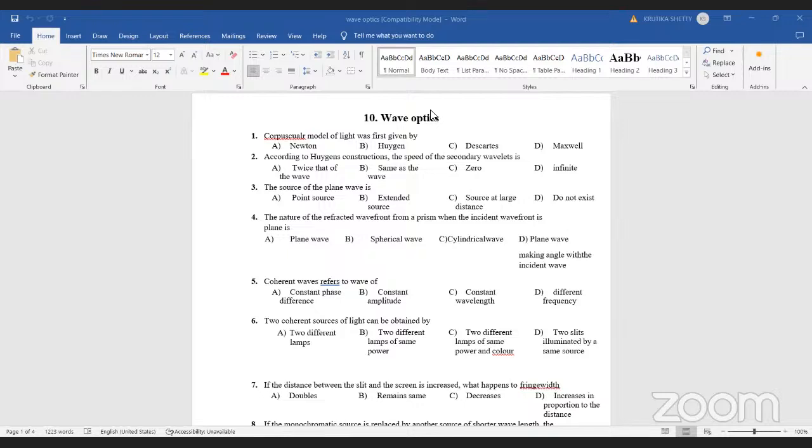At the speed of light. The sum of these spherical wavelets form the wave front ಅಂತ ನಾವಿಲ್ಲಿ ಹೇಳ್ತೀವಿ.